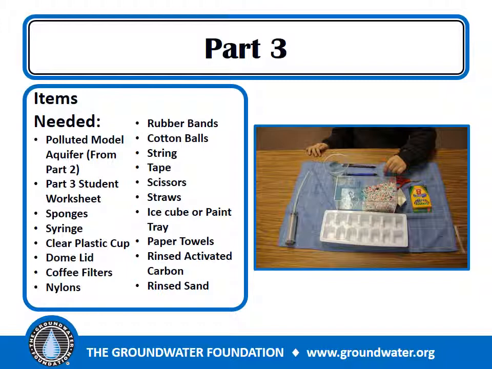You do not have to use all of these items, and you could choose to add in a few items of your own not listed here. We recommend using an assortment of items that include some that can effectively filter water and some items that do not effectively filter water.